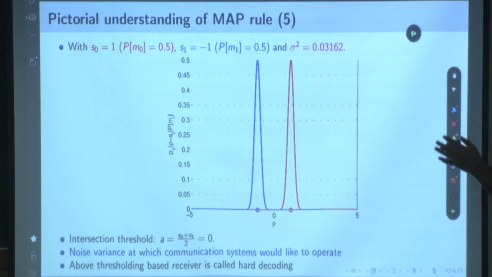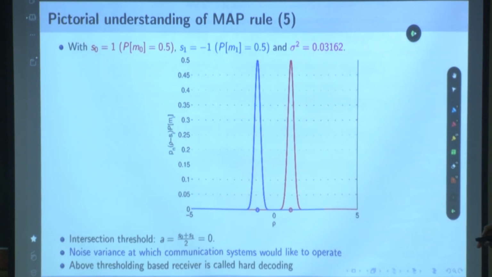So we did it for BPSK, and the same idea can be extended for QPSK also. Why? Because QPSK is BPSK on the x-axis and BPSK on the y-axis. So if it is a QPSK symbol, you do this hard thresholding for the real part, then for the imaginary part. The same idea can be extended.